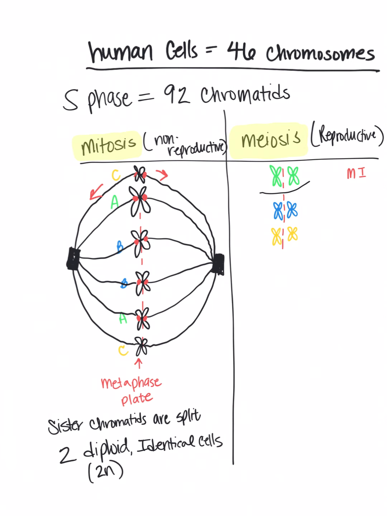So this couple right here is a homologous pair. And they both encode for the same genetic trait: eye color, hair color, the presence of dimples. The next homologous pair lines up as well, and so does the next homologous pair.